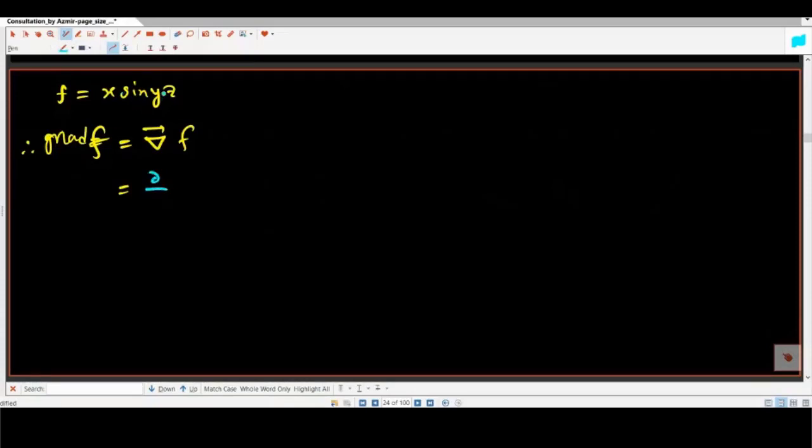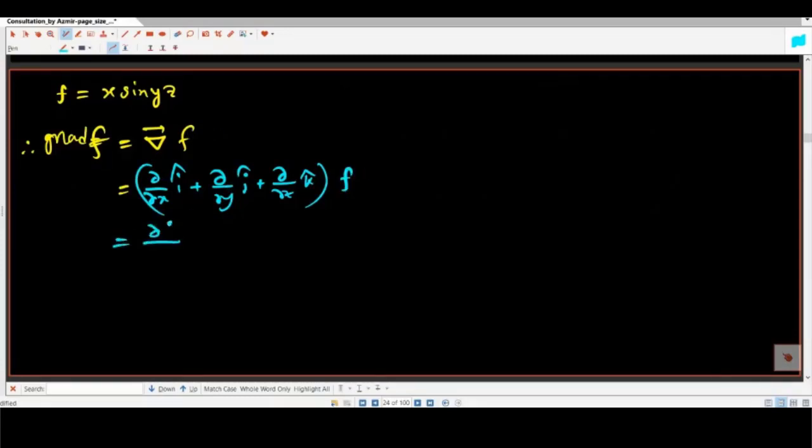This function is a function of 3 input variables. So that's why this del will be ∂/∂x i, ∂/∂y j, ∂/∂z k times f.